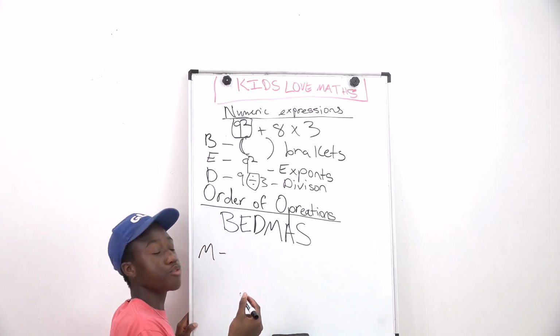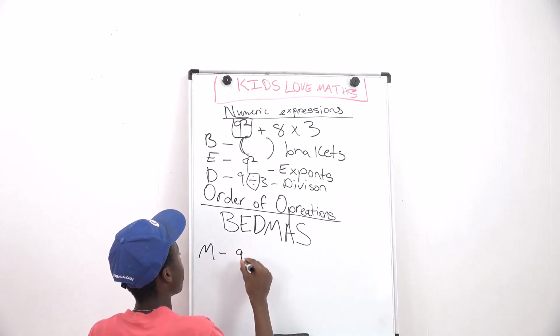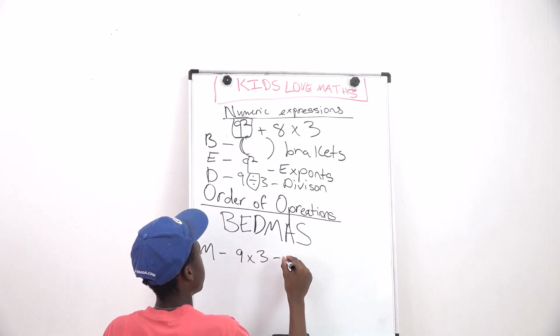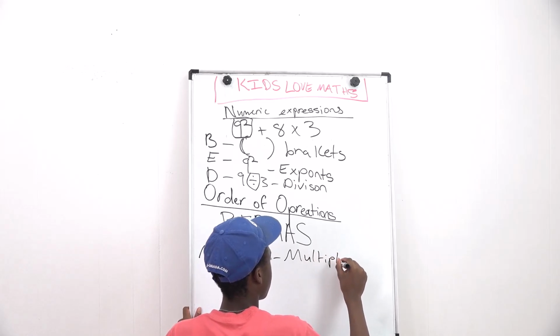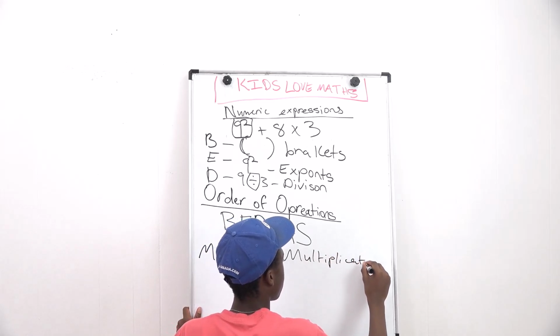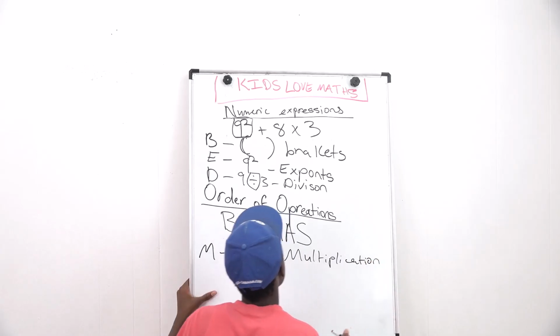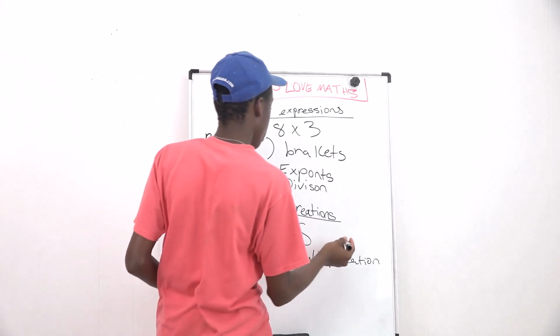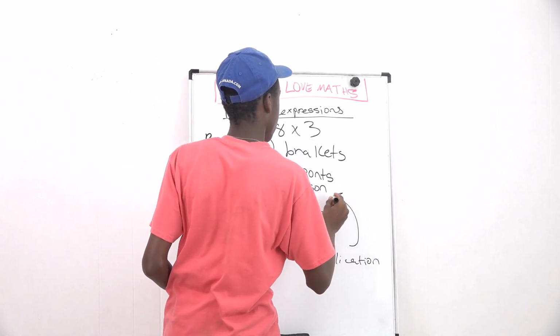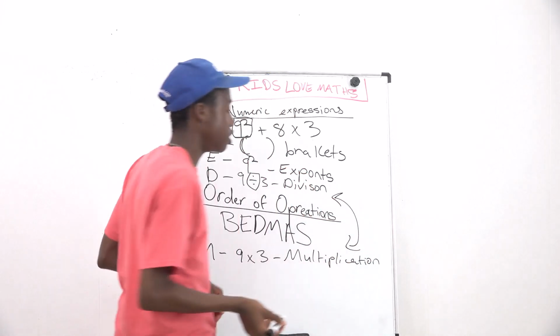Multiplication is what we use, for example, 9 times 3. This is what's called multiplication. But sometimes, multiplication could come before a division.